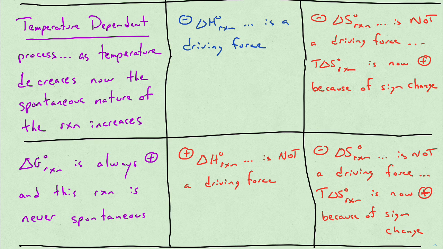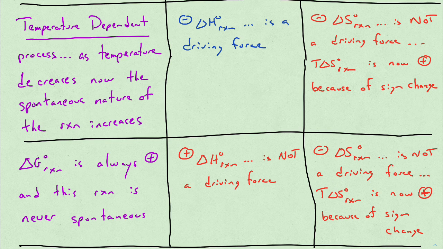So that is a table to try to just put together the idea of sign of delta H, sign of delta S, and how that has an impact on the sign of delta G. If our delta H and delta S are both driving forces, namely a negative delta H, a positive delta S, that means we always have a spontaneous reaction. However, if we flip that, we have a positive delta H, not a driving force, negative delta S, also not a driving force.